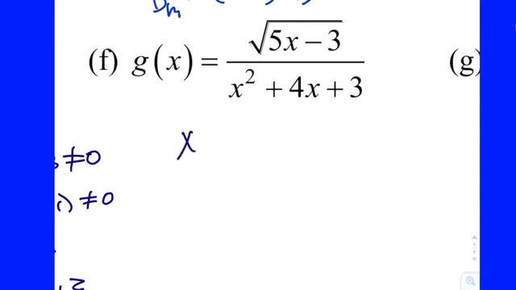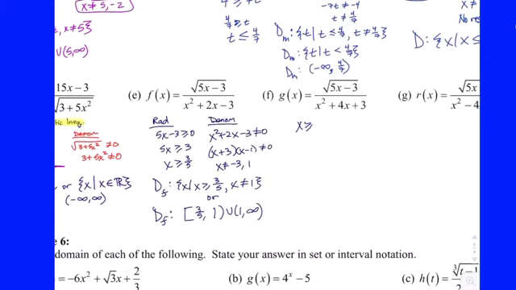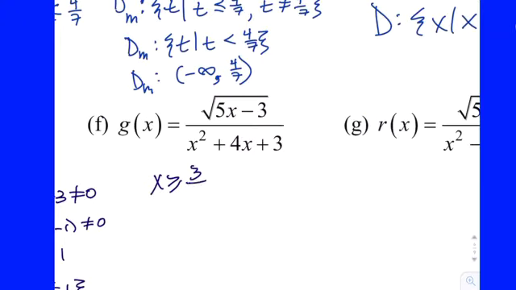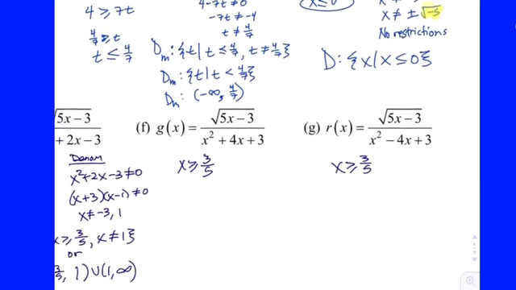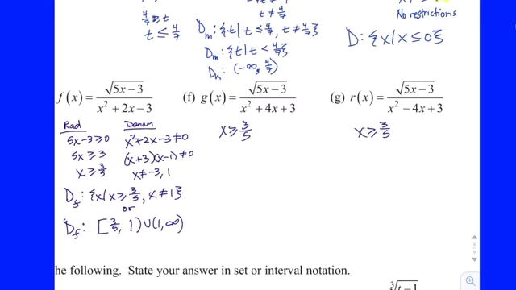So for each of these, we're going to get x has to be greater than or equal to 3/5. So you don't have to do that work again. We'll just kind of import that. X has to be greater than or equal to 3/5. So it really comes down to the denominator work. So why don't you go ahead on your own and do that, okay? And again, practice so that you're not doubly excluding any values.